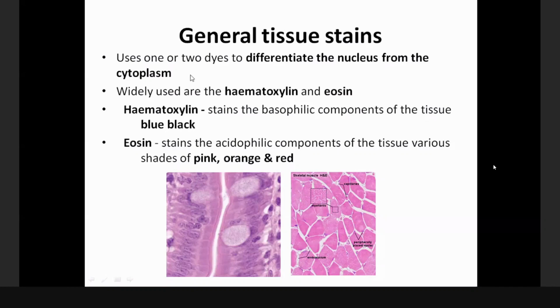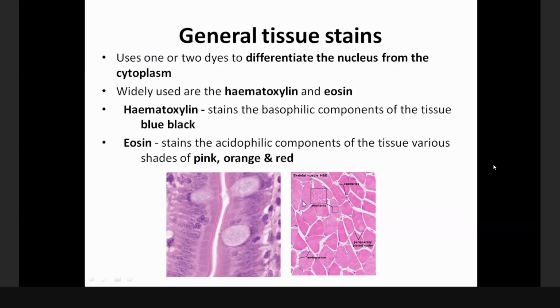This is followed by staining with a stain known as eosin, which acts like an acidic dye and marks the acidophilic tissue components with a pinkish, orange, red type of outline. So you see, after counterstaining your tissue with eosin, you will have this type of section.